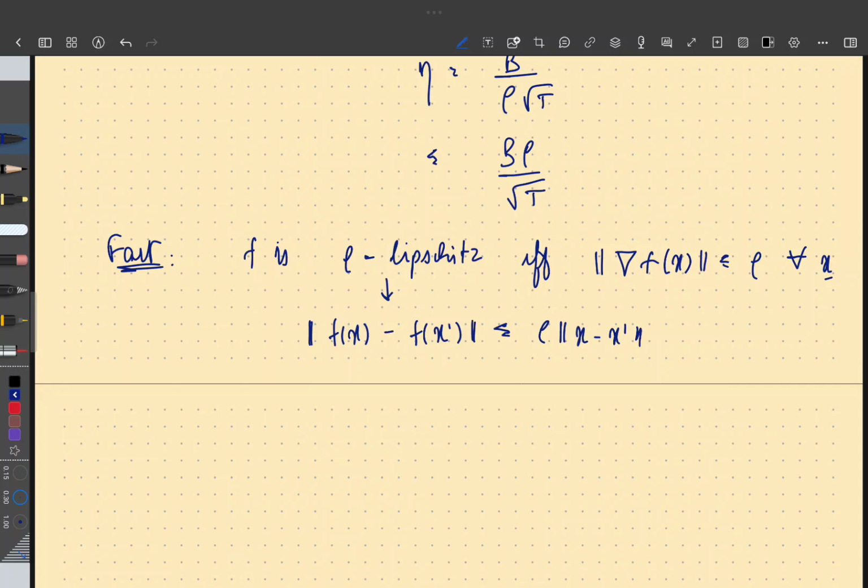It turns out that these two are equivalent, so in a sense we are saying that the function is sufficiently smooth.